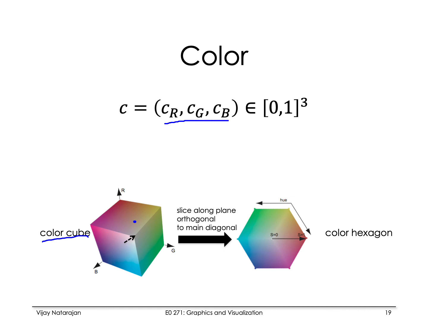The color cube is often shown using a hexagon based representation. If you use popular visualization tools, you will see such a hexagon based representation. This hexagon is essentially just a planar slice that is orthogonal to the main diagonal of this color cube. As you walk along the perimeter of this hexagon, you get the different hues, the different primary colors.